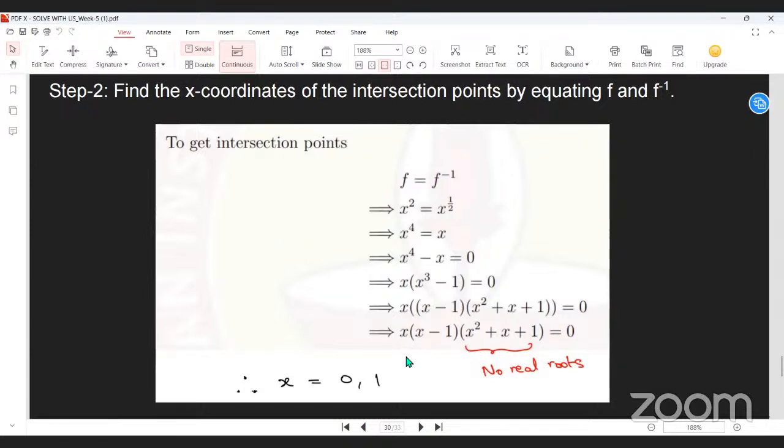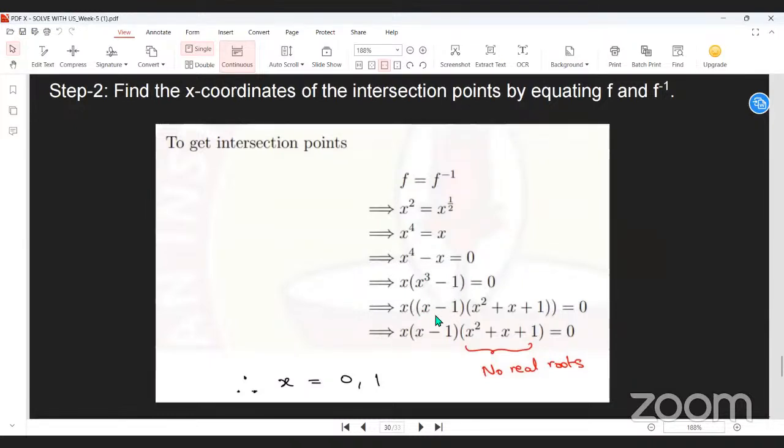Hello, am I audible? Yes, sir. So we'll take x to the left hand side. We'll get x to the power 4 minus x equals to 0. Till this, everyone is clear? Now we'll take x common. We'll get x cube minus 1 as the factor, right?